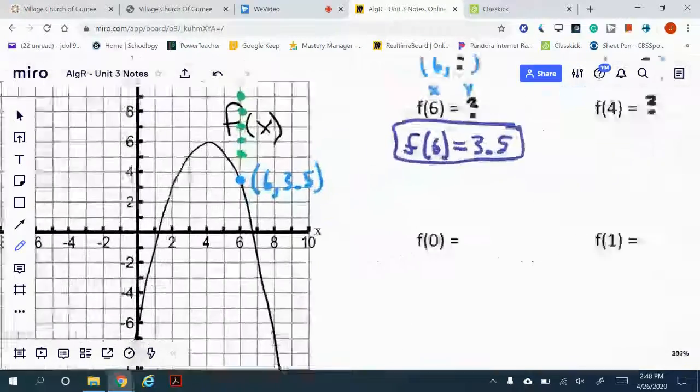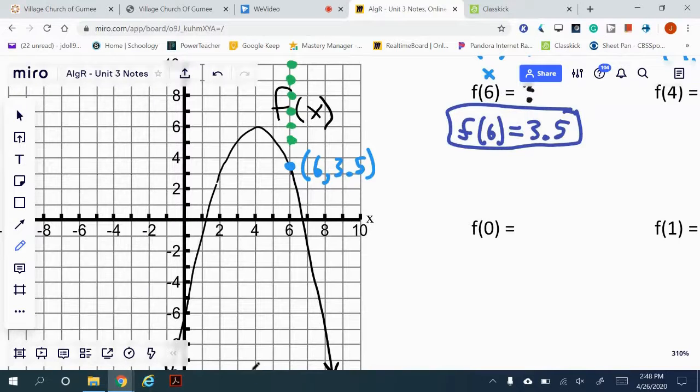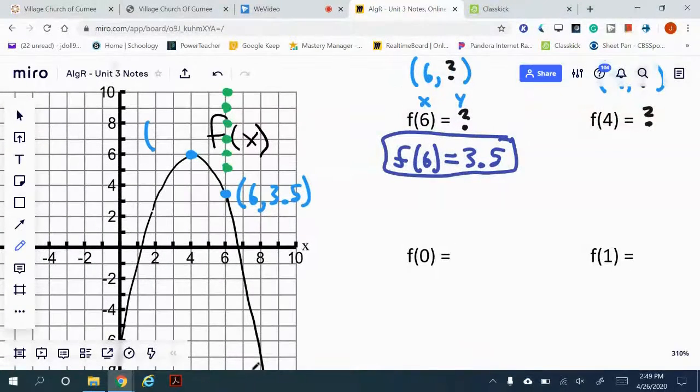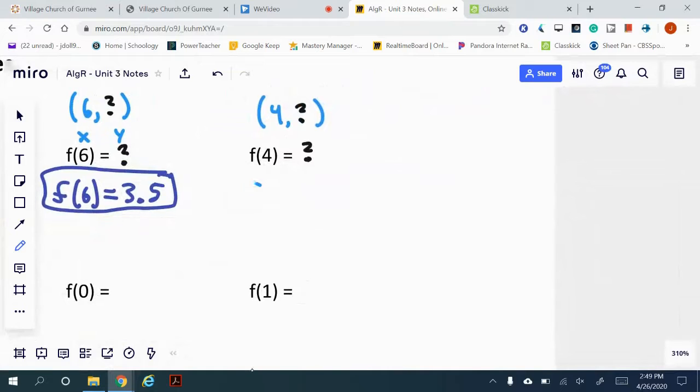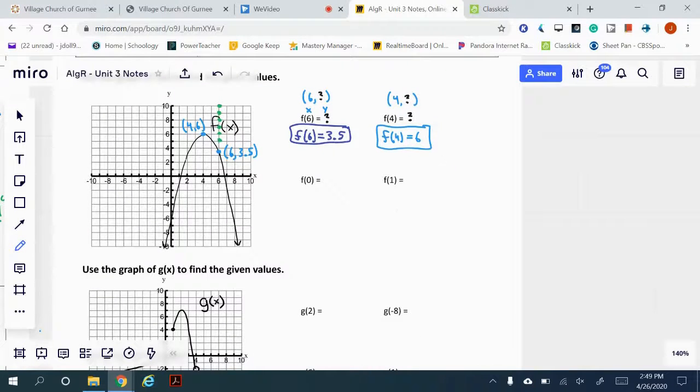Again, let's take my points, and everywhere I'm showing you right now has an x coordinate of 4, but only that point right there has an x coordinate of 4 and is actually on the graph. So we can see that this point right here is 4, 6. So f of 4 equals 6. All right, go ahead on your own and try f of 0 and f of 1.